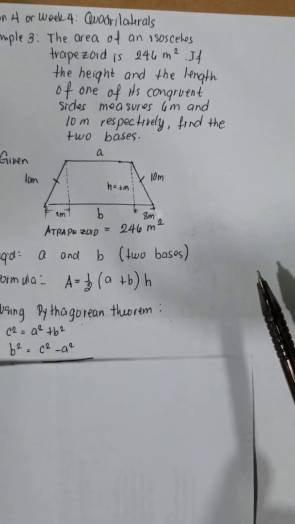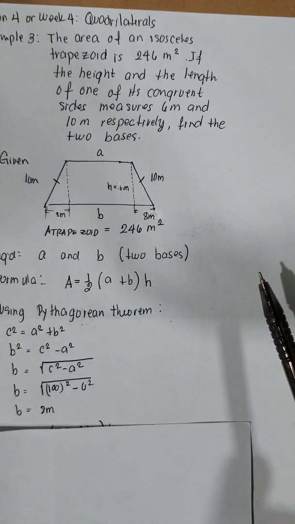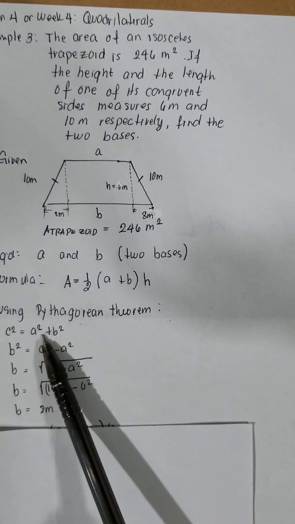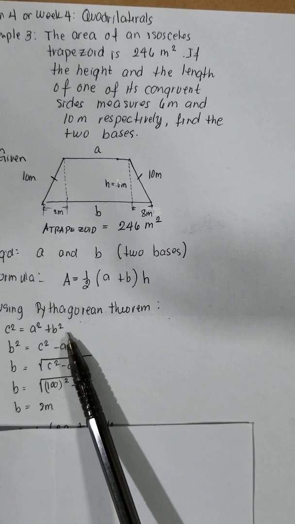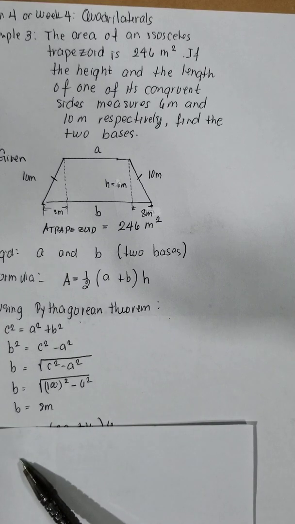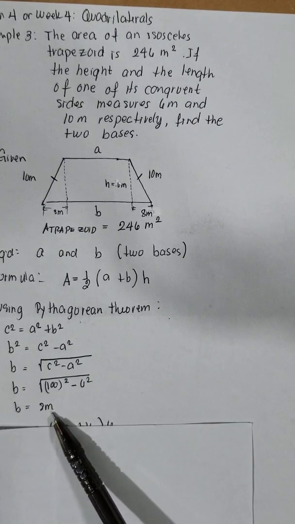Using the Pythagorean theorem, which is c squared is equivalent to a squared plus b squared, we can get the length of the base formed by one of the congruent sides and the height, which is indicated in the figure. Solving for the length of the base yields 8 meters.